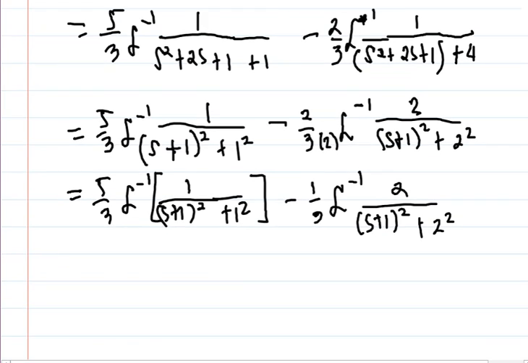This is the s squared plus a squared form, the formula for the sine function, but with the first shifting.